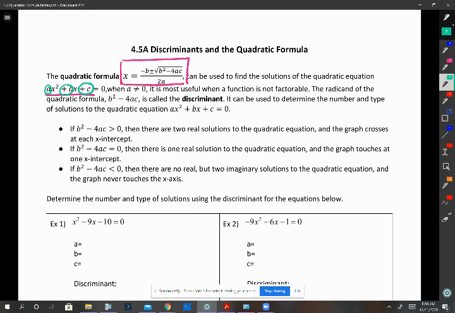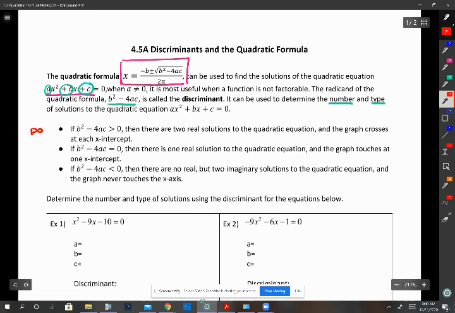The discriminant is just the part that's under the radical. With the discriminant, it tells you the number of solutions you have and the type of solutions you have. There's three options. The first option is if b squared minus 4ac, the number under the radical, is greater than 0, which means it's positive.